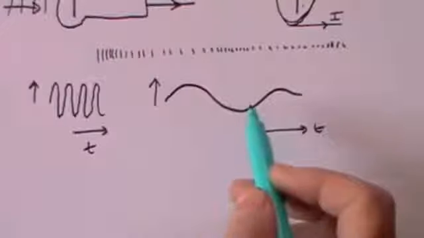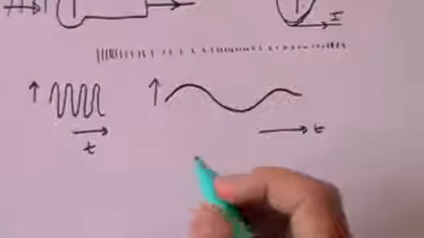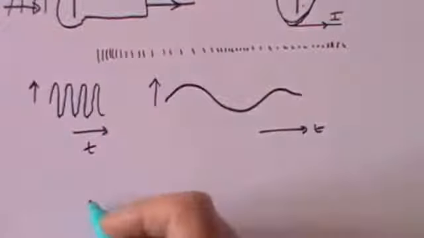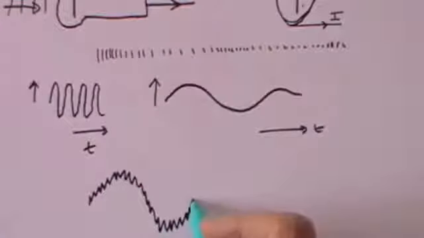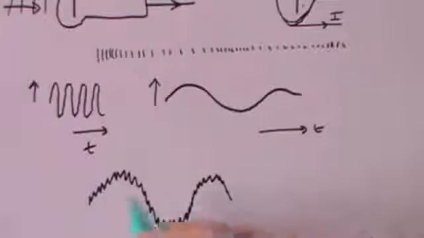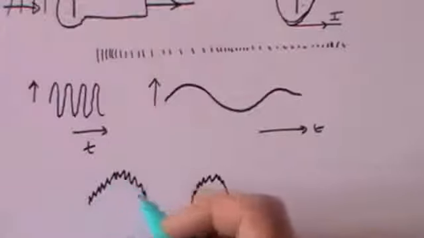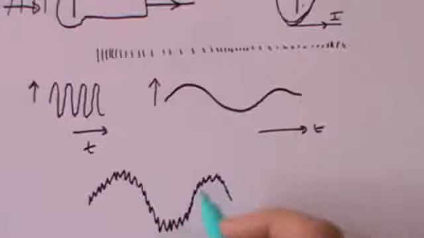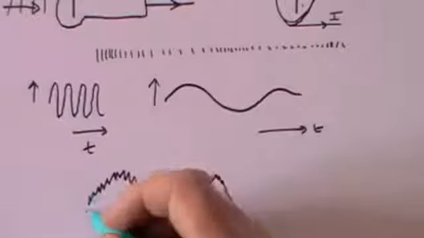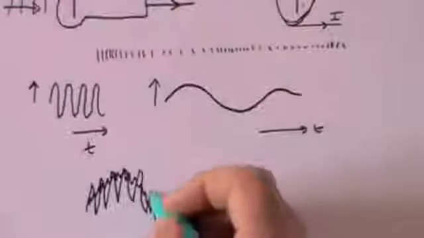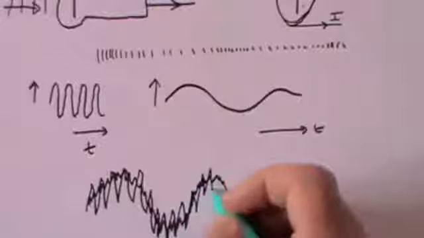So if we simply add the double bass and the flute together, you're probably going to get something that looks like this. You've got the double bass, which is the longer wavelength, with the flute signal superimposed on it. On this basis, the flute is much softer than the double bass. If the flute were about the same volume, then you would get a pattern that looks like this.